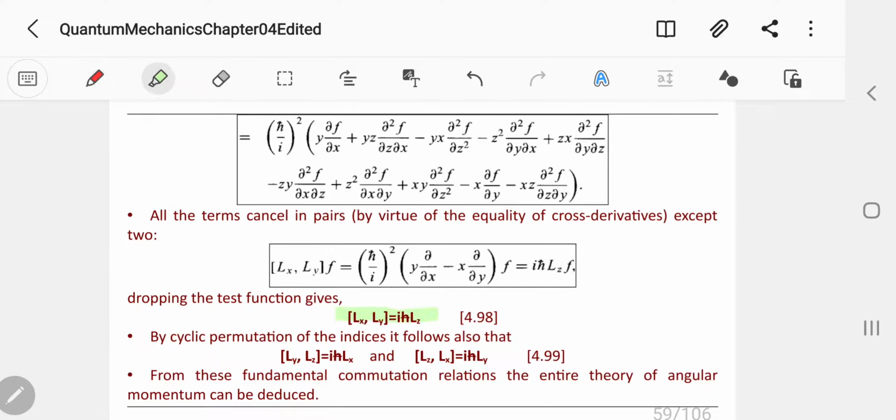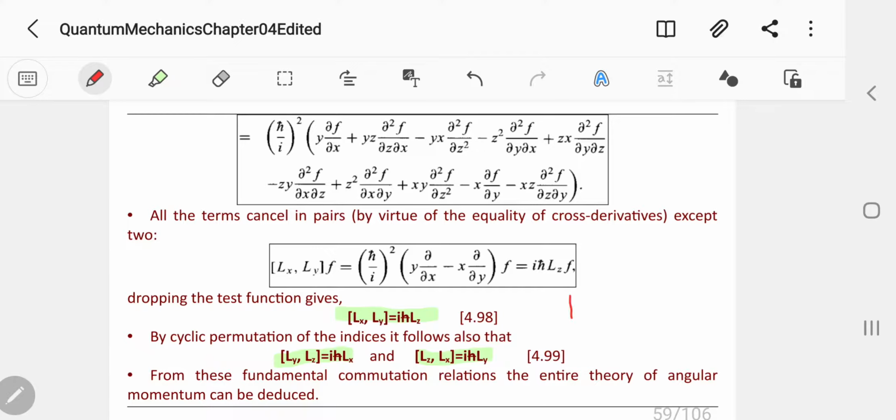By the same argument, you can also take the commutator of Ly and Lz, and that's just i h-bar Lx. And for Lz and Lx, that will just be i h-bar Ly.